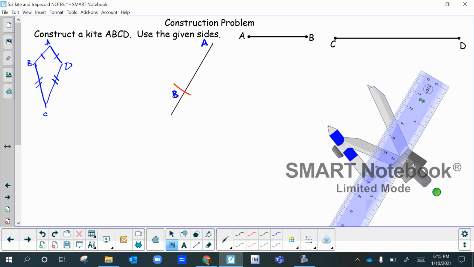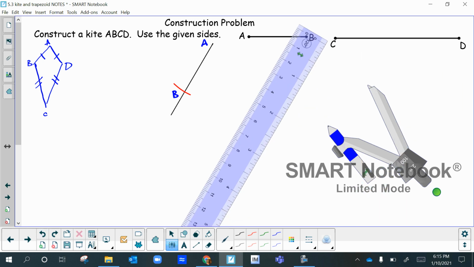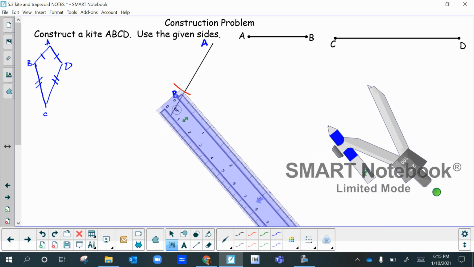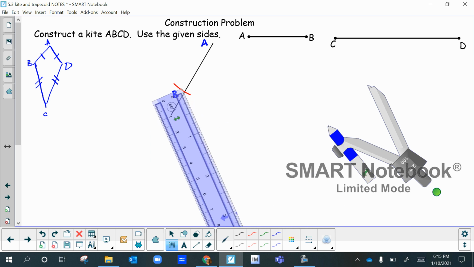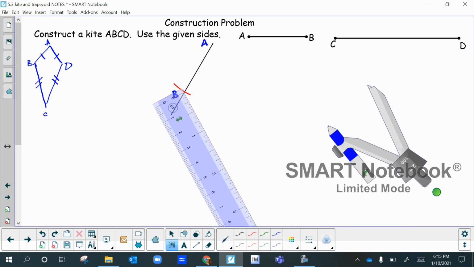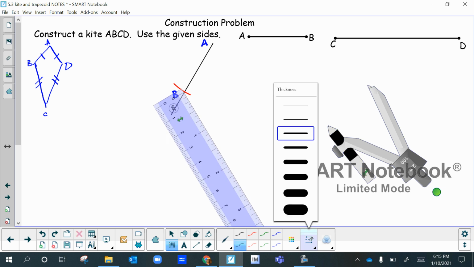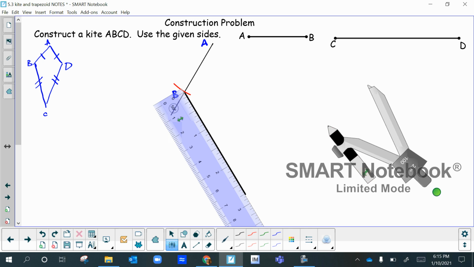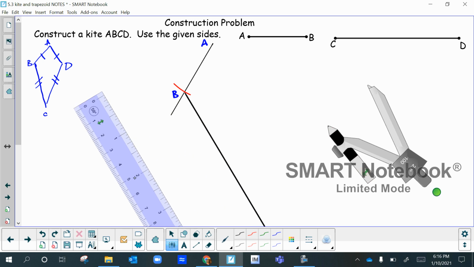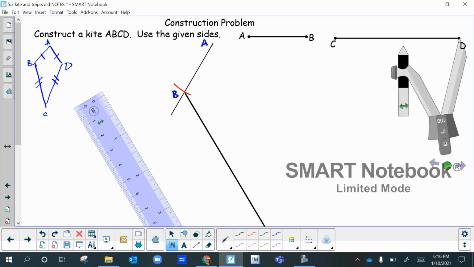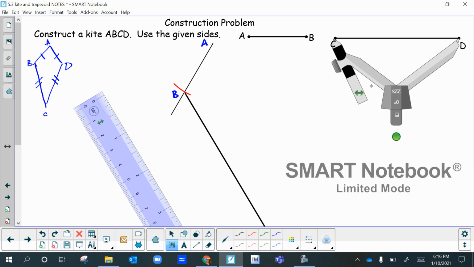Now you know BC is going to be the same length as CD. So what we can do is construct a longer segment over here from B like this. Did it say what this angle needed to be? No, so we can make it whatever angle we want. I'm just going to go something like that and make a long segment. Now I'm going to get my compass and get the actual width of how big this side is supposed to be.